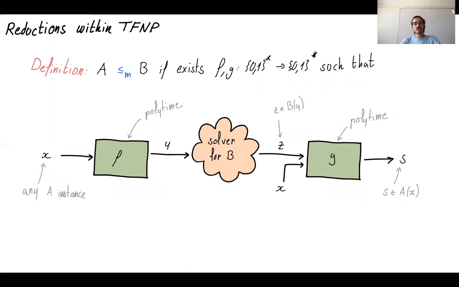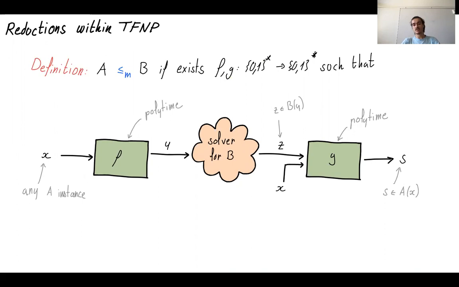So how do we reduce problems within TFNP? We say that a problem A reduces to a problem B. This is the definition of many-one reduction: there exists a pair of polynomial time computable functions f and g, such that given an A instance x, you can pass it through f to get a B instance y. Then you have a solver somewhere in the cloud that could solve the B instance y.